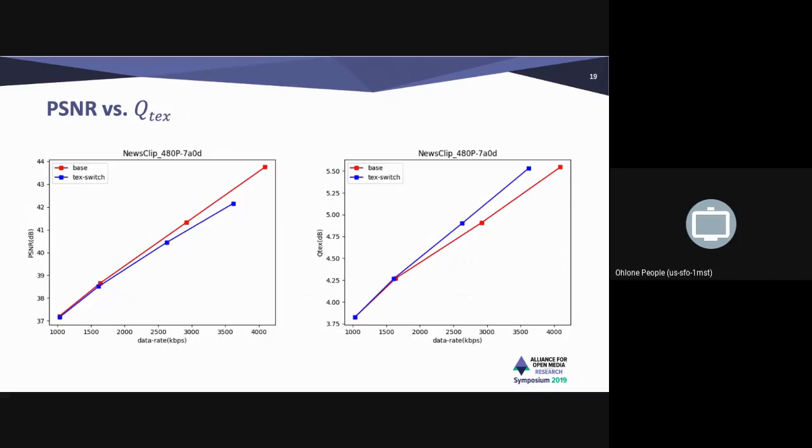For this particular frame, if we do a PSNR comparison, the red line is showing the AV1 base approach, and the blue is our texture switch mode. PSNR is not a good metric to evaluate our methods. Instead, when we use the perceptual quality metric we call Qtext to compare the two, it aligns much better with the data rate we're observing in terms of the visual qualities.